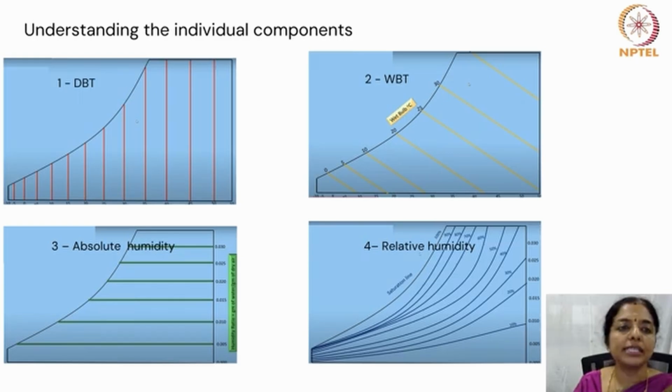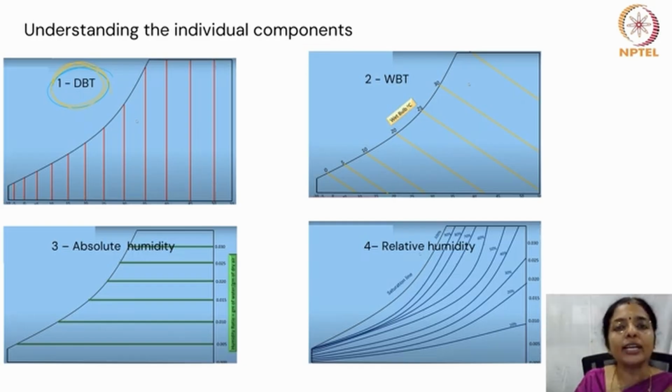The first is dry bulb temperature. The dry bulb temperature is the temperature of air measured by a regular thermometer exposed to the air but shielded from moisture and radiation. It is called dry bulb because the thermometer is not influenced by the moisture content in the air.